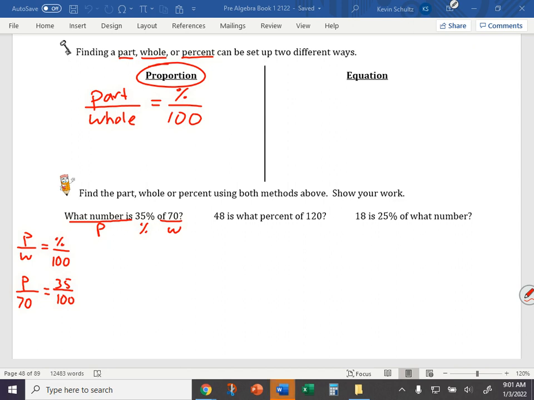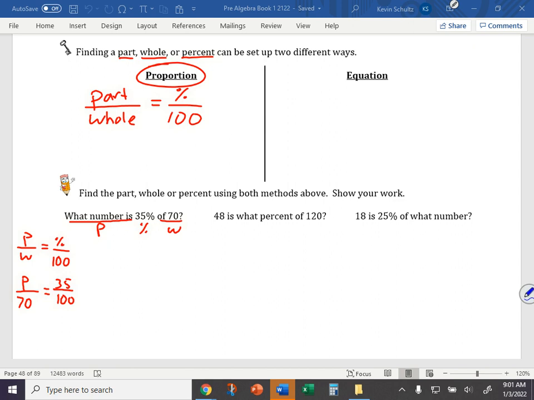So I said before, if you like fractions, if you like cross products, this might be the method for you. Now that we've got it set up here, what are we using to solve it? How do you solve a proportion? I'll give you a hint. It starts with a C, ends in Ross products. Cross products. Excellent job. Okay.